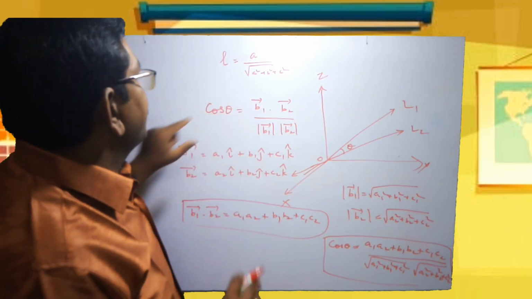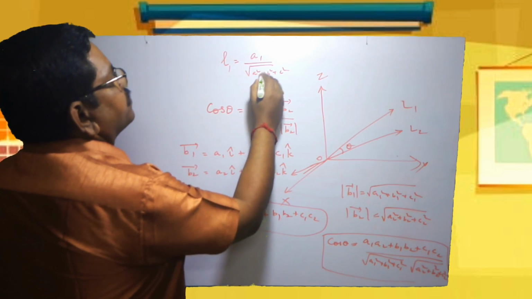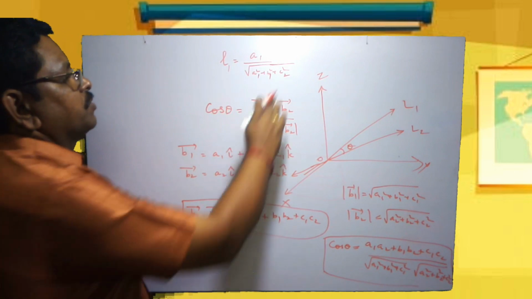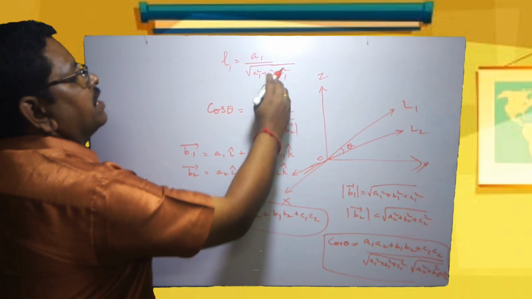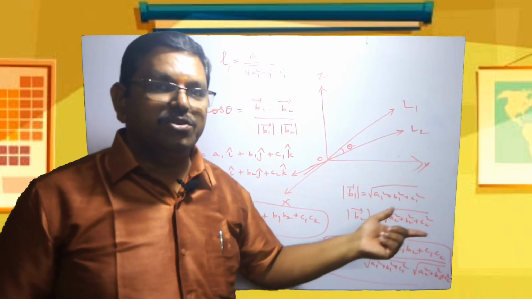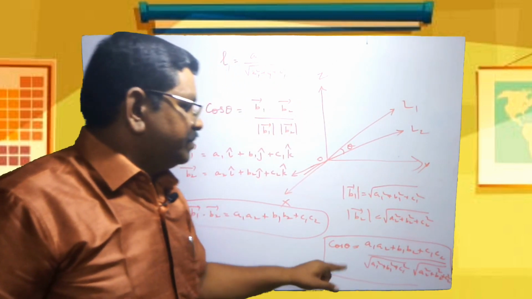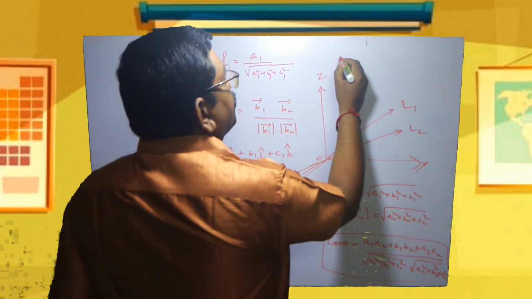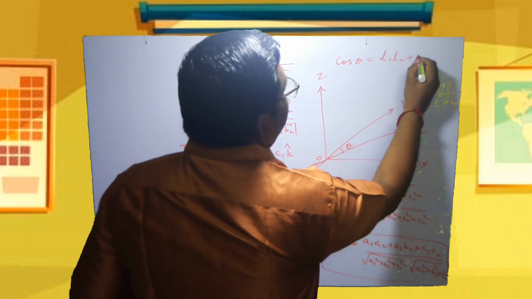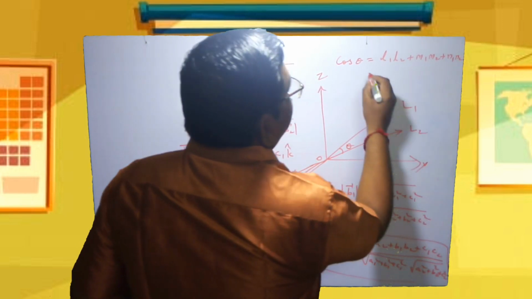So here l1 will be changed as a1 by root of a1 square plus b1 square plus c1 square. Similarly l2, m1, m2, n1, n2. When we substitute all these values here, we will get the new formula, that is cos theta is equal to l1 l2 plus m1 m2 plus n1 n2.